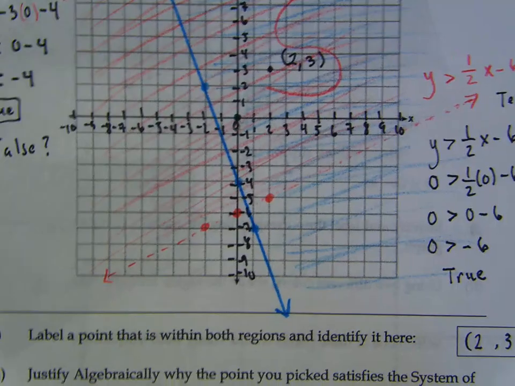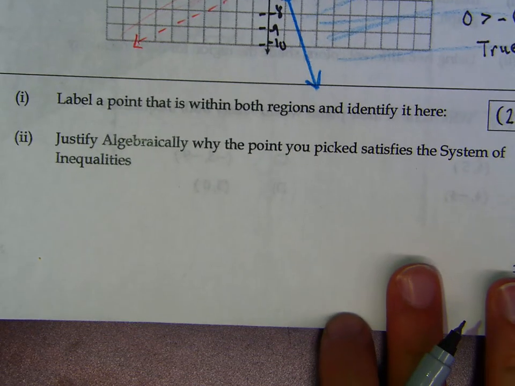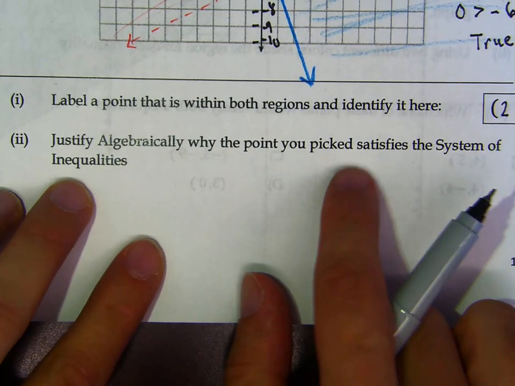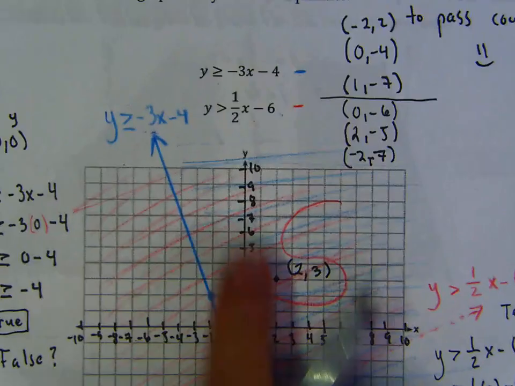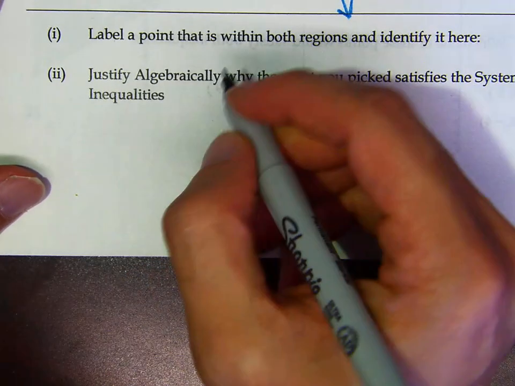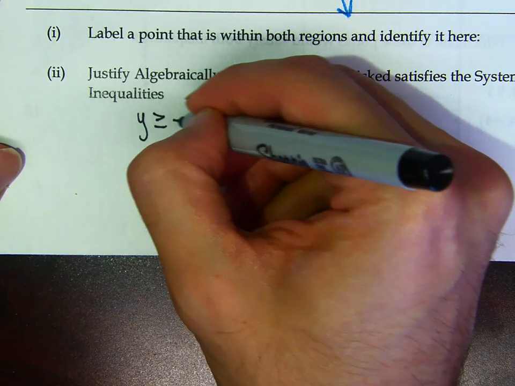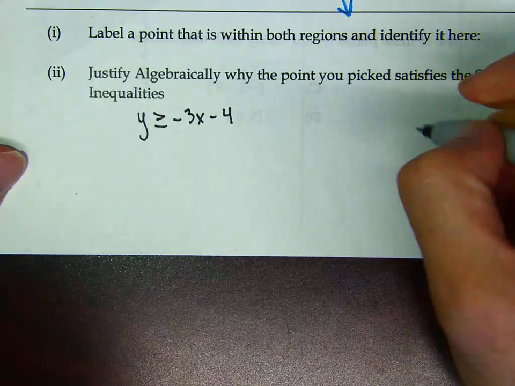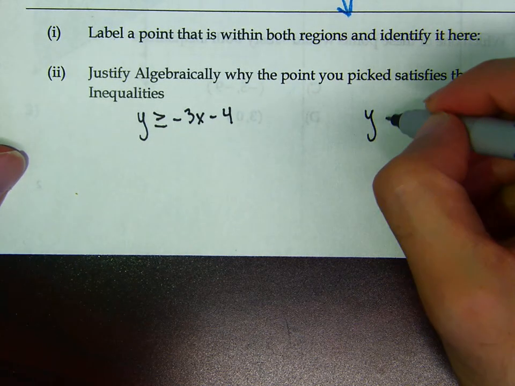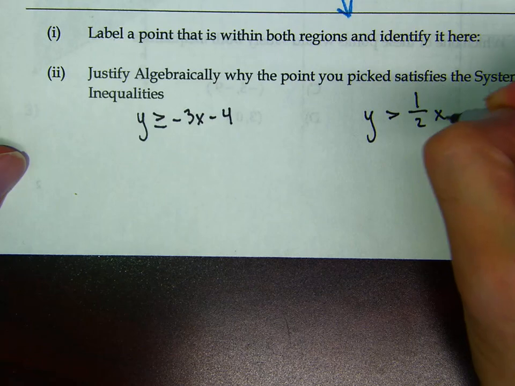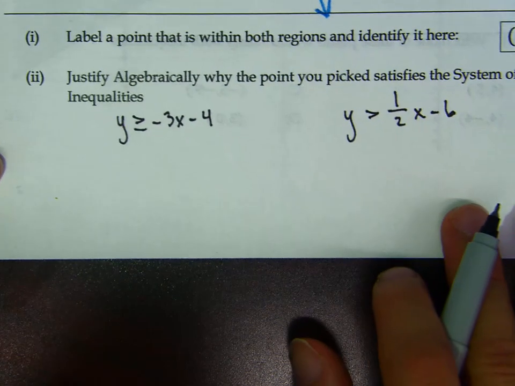So algebraically justify why the point you picked satisfies this system of inequalities. Let's take a look. Let's write the first inequality, which is y greater than or equal to negative 3x minus 4, and the other one is y greater than 1/2 x minus 6. What do you think we're going to do?